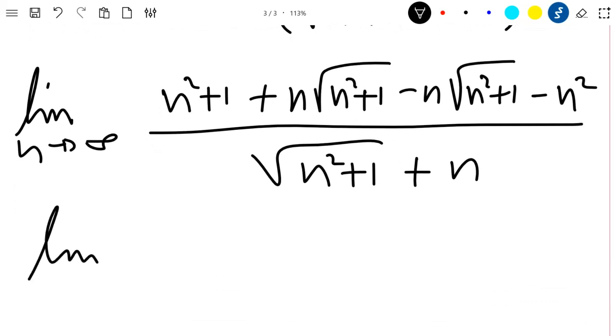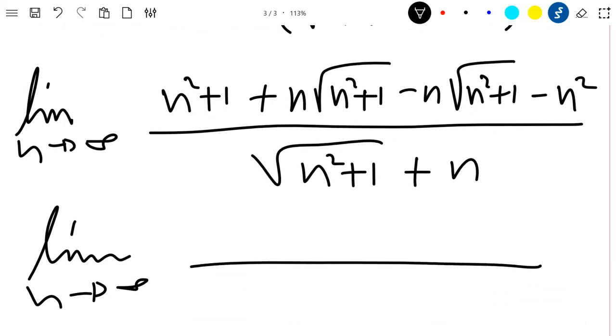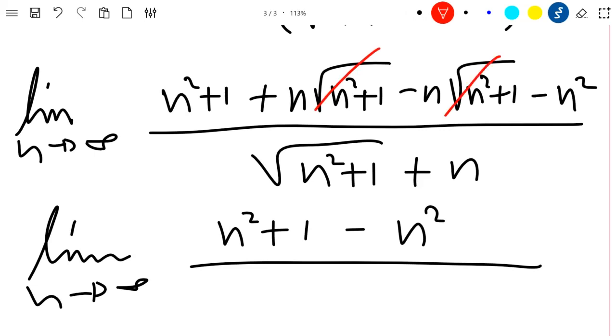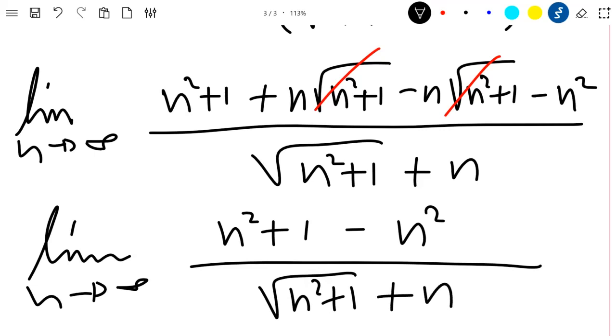Now this is again the limit when n tends to infinity of n squared plus 1 minus n squared, because I can see that I can simplify this, divided by the square root of n squared plus 1 plus n.